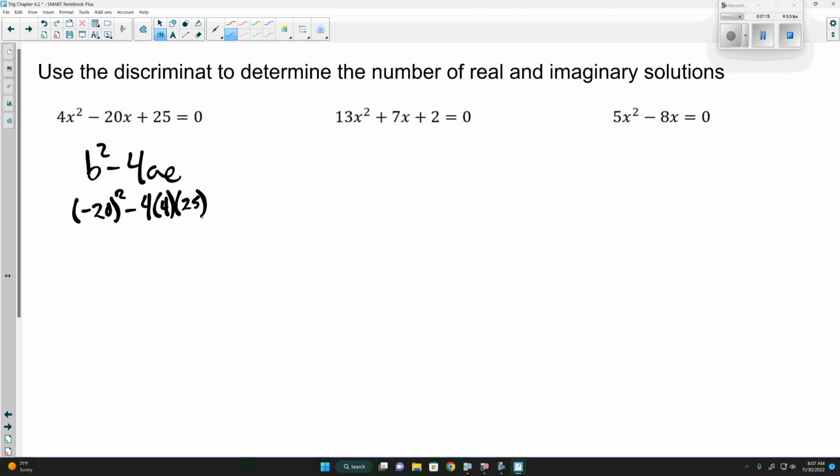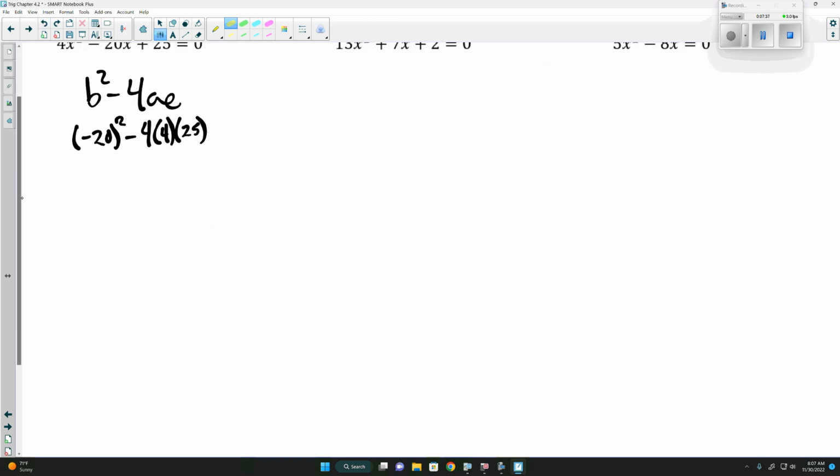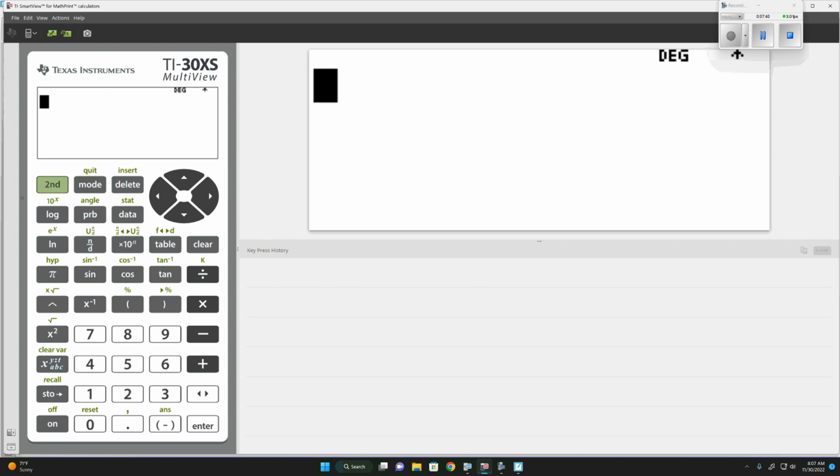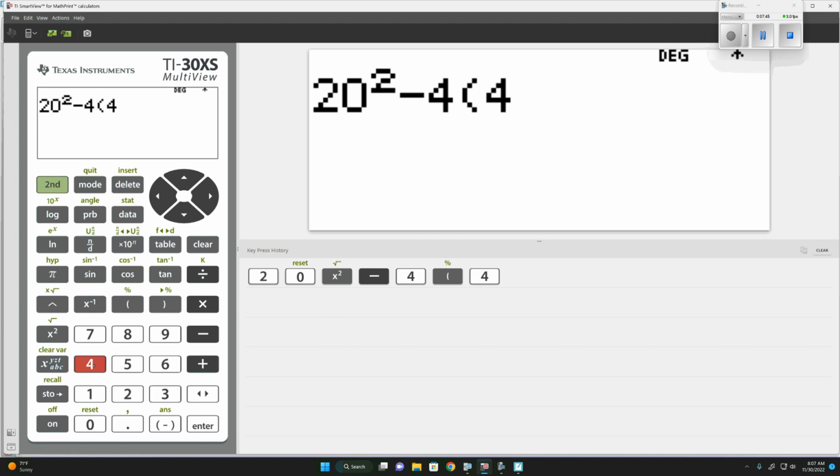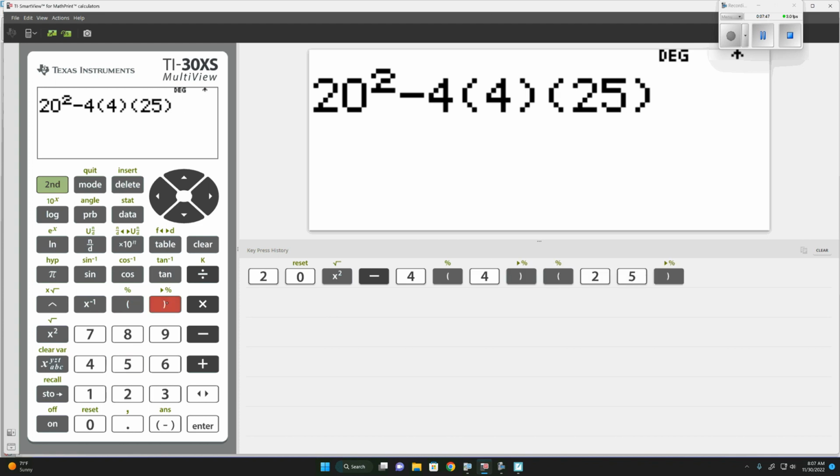The reason I say that is, when I look at the second half of this, is there any way that negative 4ac is going to be a positive number? Well, no. So there's a good chance we could end up with a negative when we multiply this out. But at this point, we don't have to do this by hand, because we can say 20 squared minus 4 times 4 times 25. It actually worked out to be 0.